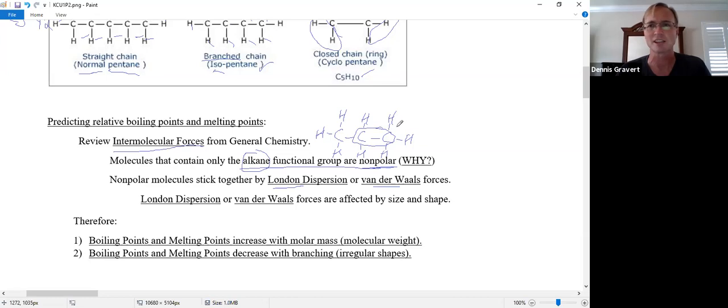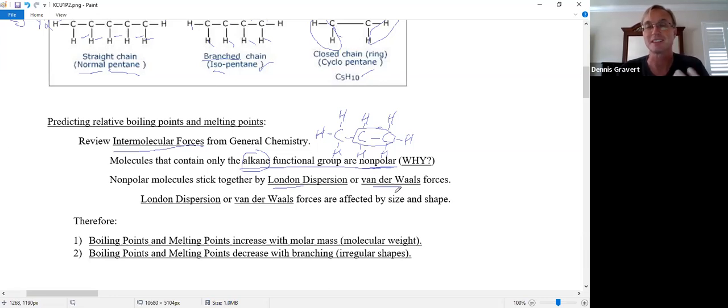Neither carbon nor hydrogen has a significantly greater electronegativity than the other. Yeah, it's a nonpolar molecule because it's made of nonpolar covalent bonds. So the London dispersion force operates here. I like to think of it as Velcro. It's not Velcro, but it helps. If you recognize that the molecule possesses only London dispersion forces to hold one molecule to another molecule, then you can make some predictions.